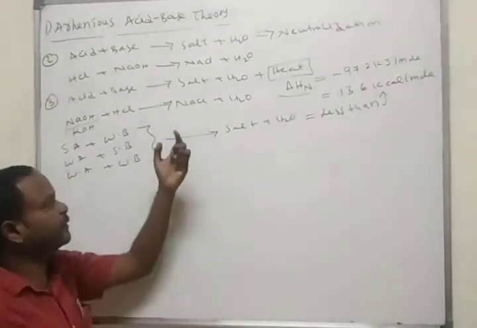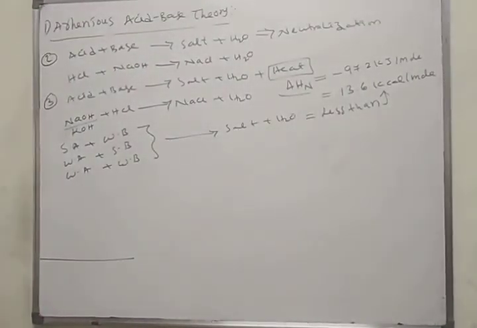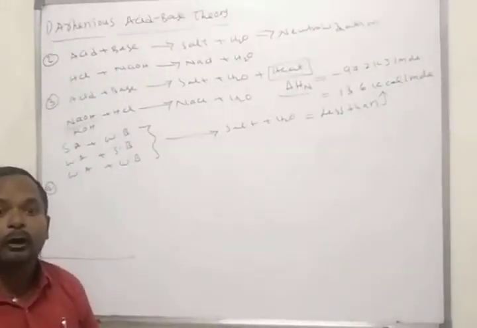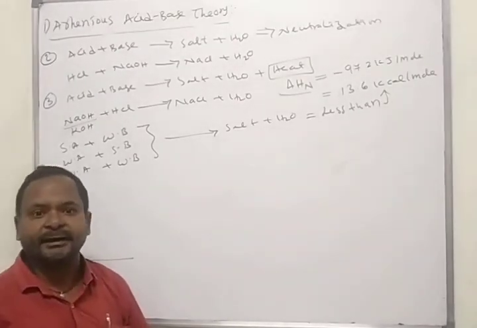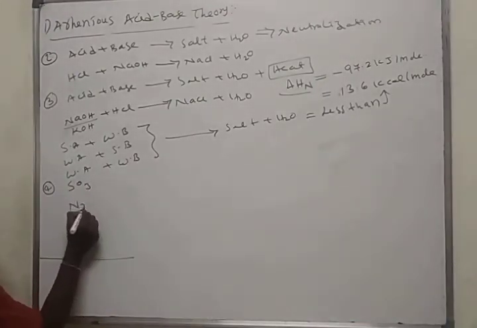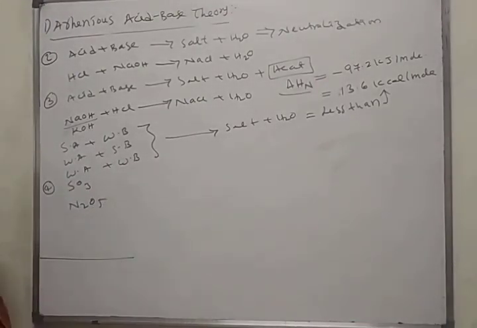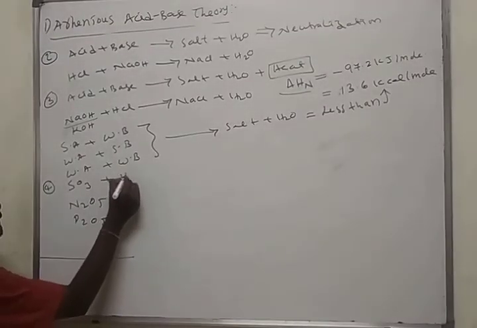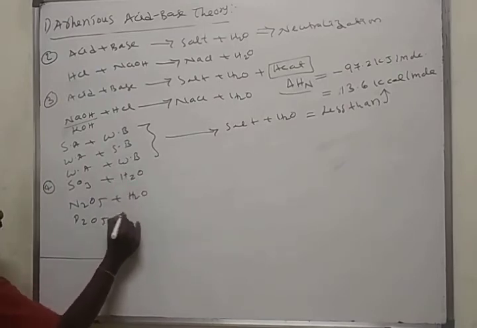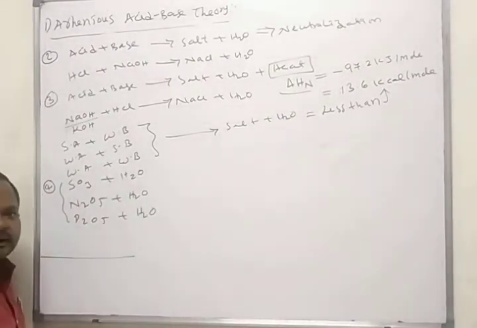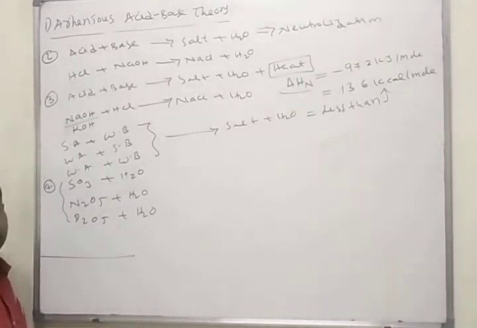This explains the heat of neutralization. Arrhenius theory also explains the acidic nature of non-metallic oxides in aqueous media, like sulfur trioxide, nitrogen pentoxide, and phosphorus pentoxide. When these non-metallic oxides are dissolved in water, they show acidic nature; if not dissolved, they do not.